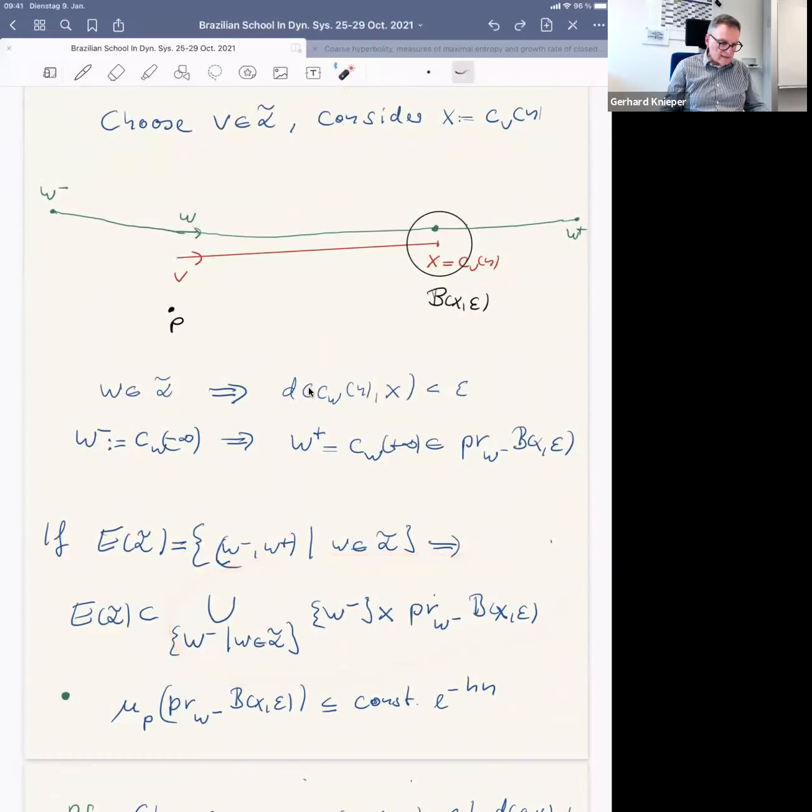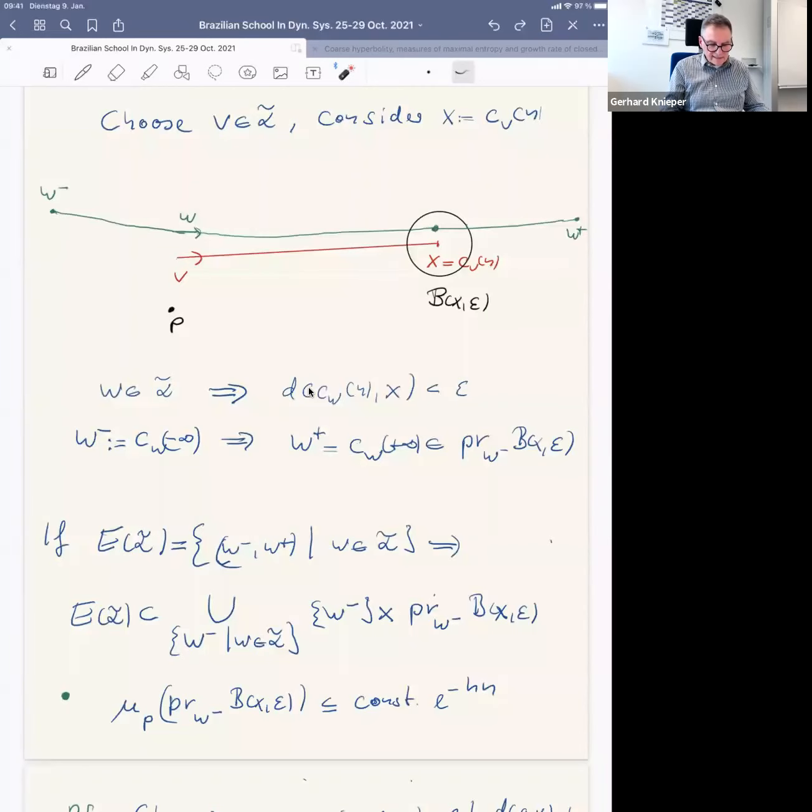So you take w minus, the minus endpoint of this vector v, so you go backwards, and you take a cross product with the shadow from w minus, of light beams coming from w minus, of this ball B(x, epsilon). So that's where the set is contained.